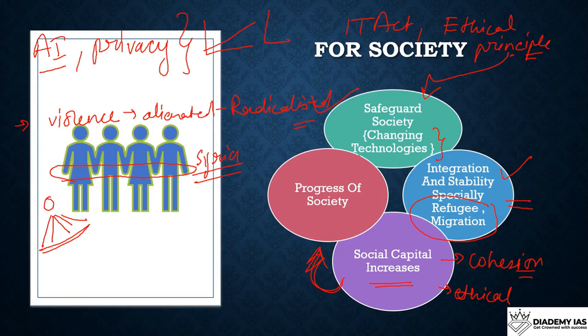Let's take an example of Scandinavian countries. If we take their example, we will see that they rank high in a lot of human development indexes, right? What is the reason? Although they are not that prosperous like USA and all, still they rank high. Why?